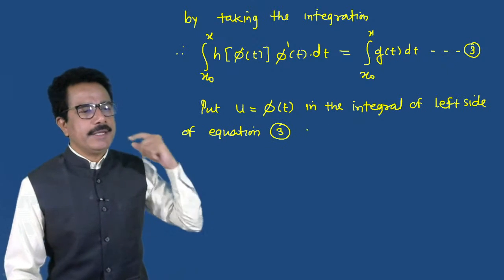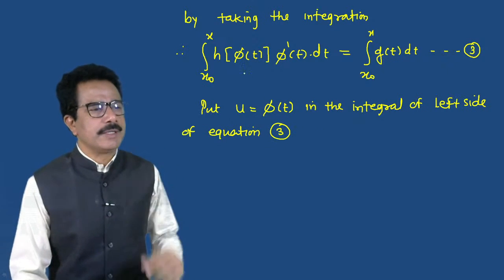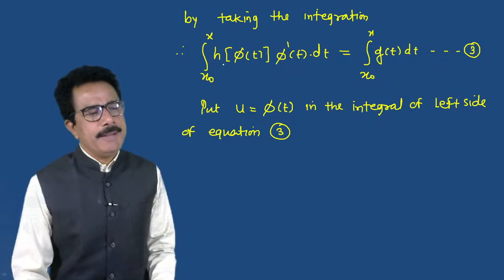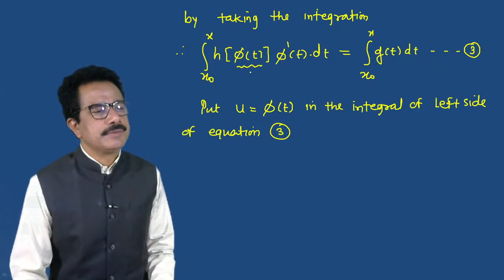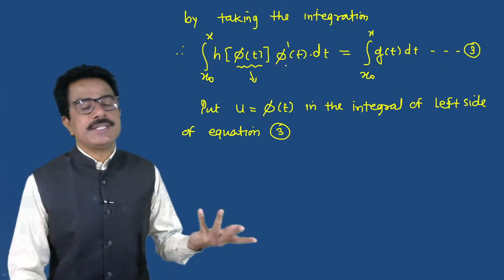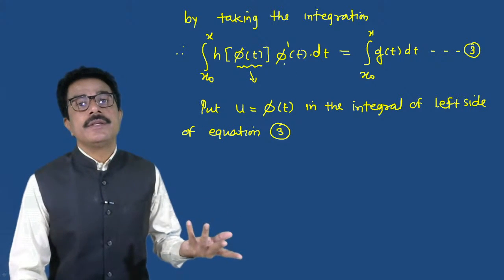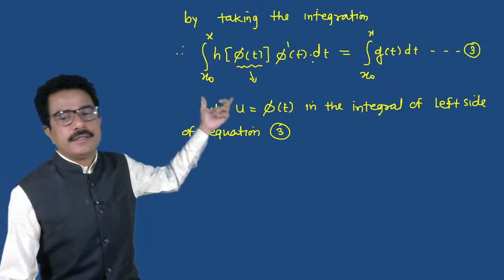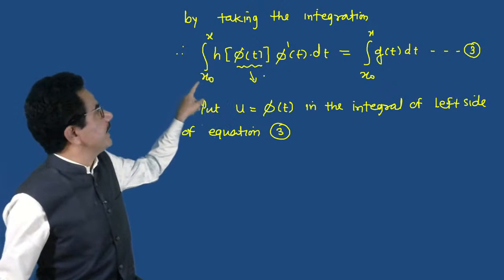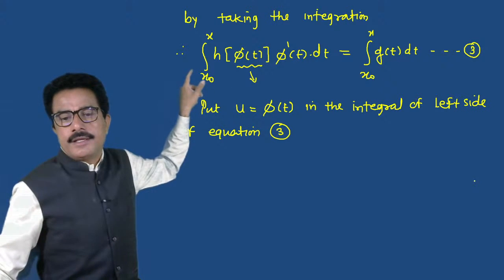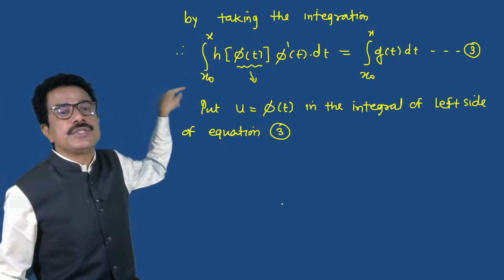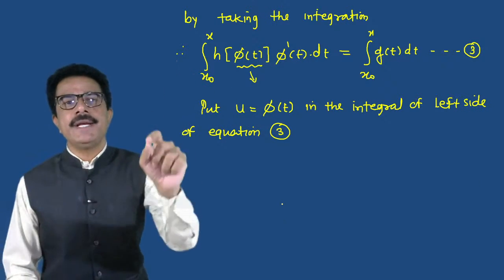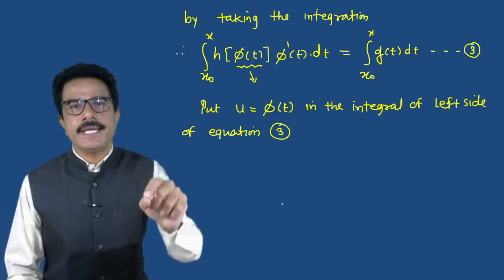Now if I put u, see what happens here: phi of t is replaced by u, and phi dash of t dt is replaced by du. Then see here in this integral, x0 to x, these are the limits for t.